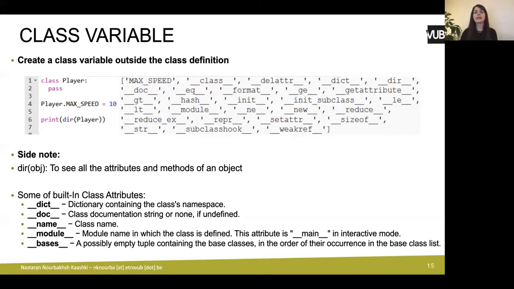Name is the class name, module is the module name in which the class is defined, and bases, if you have inheritance, will give you a tuple containing the base classes. So you have many functions and attributes. If you do not define any, Python will define some for you if you use these keywords.